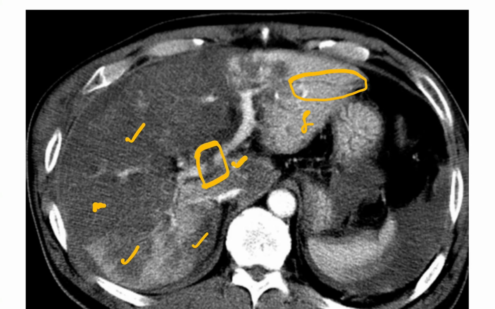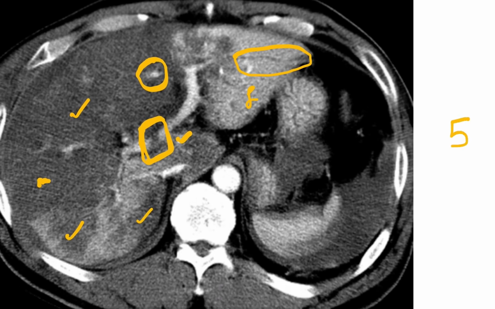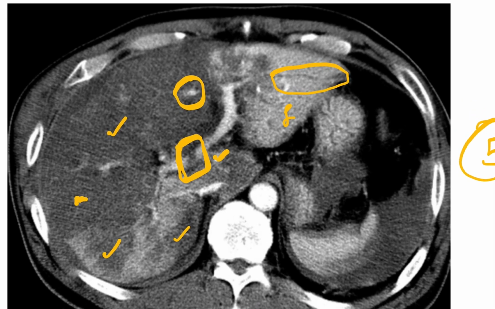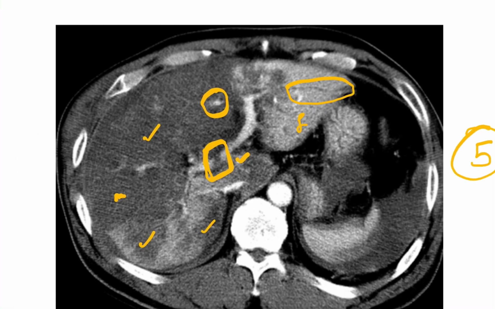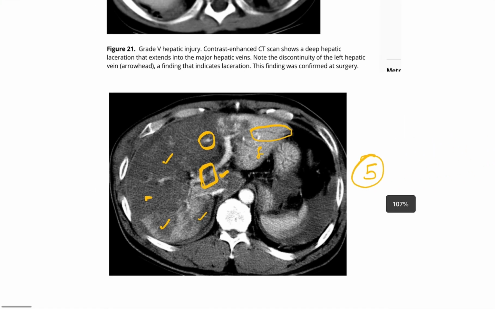You can see that there is a laceration of the vessel, okay, in the hilum region, okay, and there is extravasation of the blood also. So you can call this a grade 5 injury. Okay, this is mostly the portal vein.